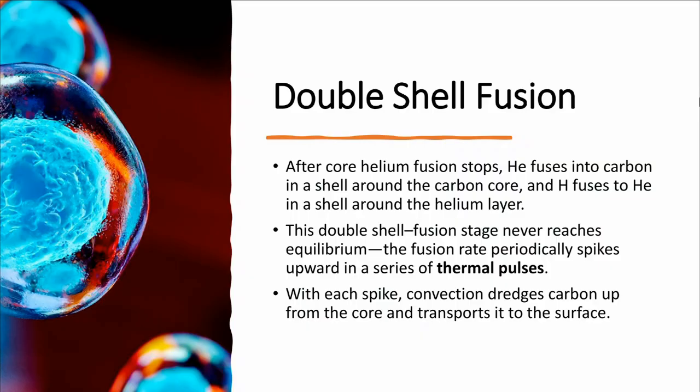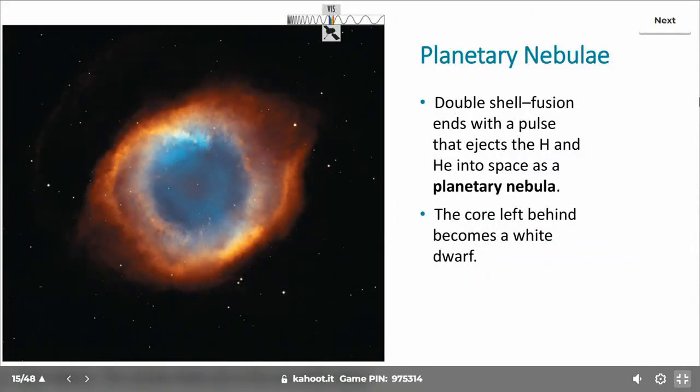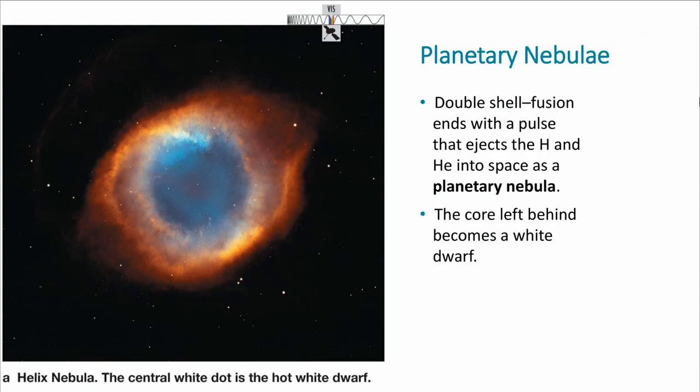So eventually there's a series of pulses that go throughout the star, and eventually one of these pulses will be so violent that it just rips the star apart. And the result of that is called a planetary nebula. So all of this material here is all the outer layers of the star that have been blown away from one of these thermal pulses.